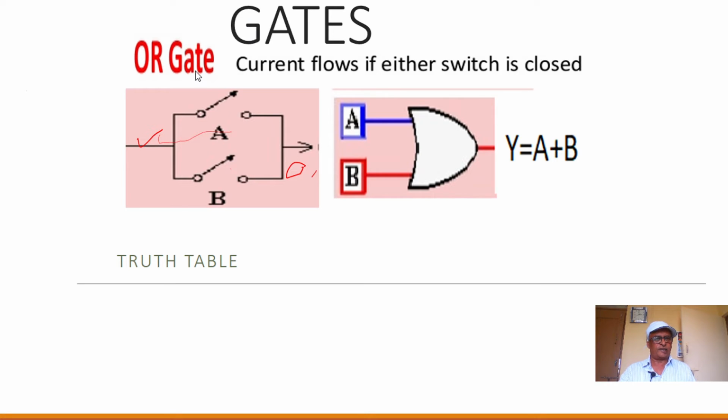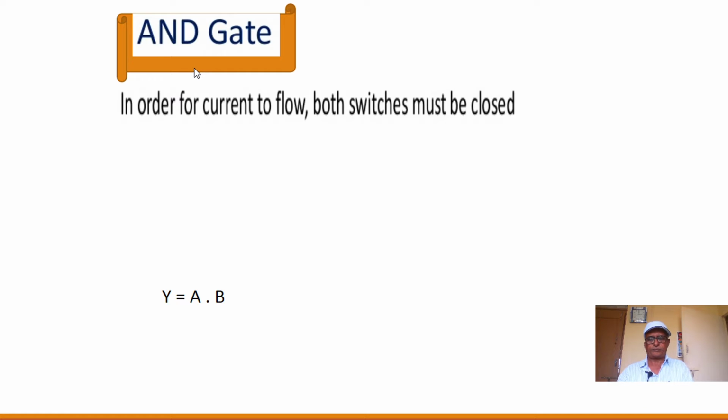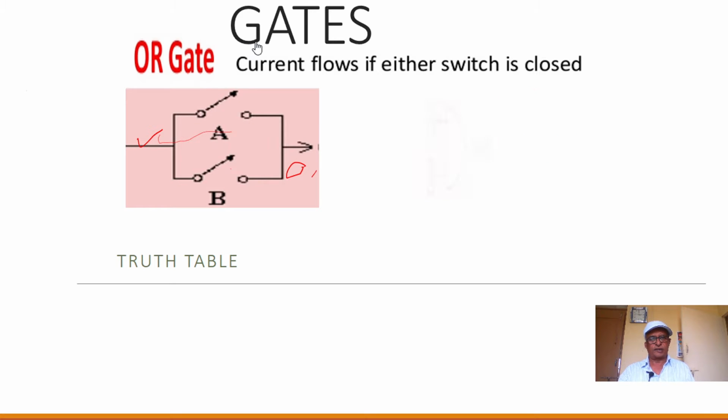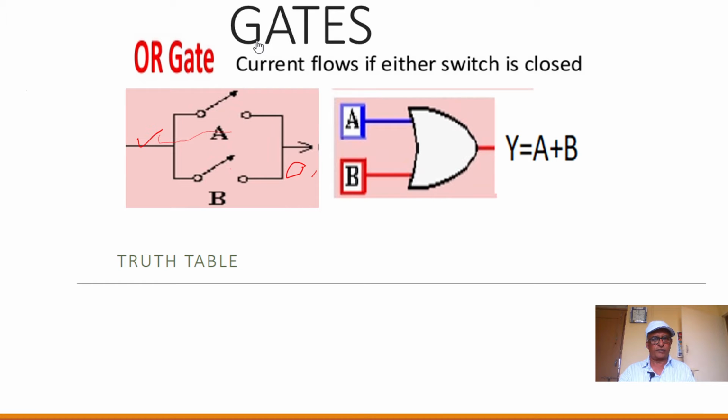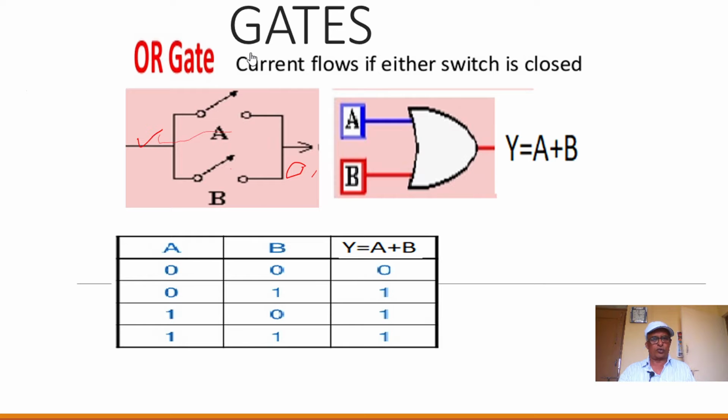Here the symbol has two inputs connected to the curve part, and the truth table of the logic gate is like this. Logic gate is defined as an electronic circuit whose output depends on input conditions. So this is the simple definition of logic gates.